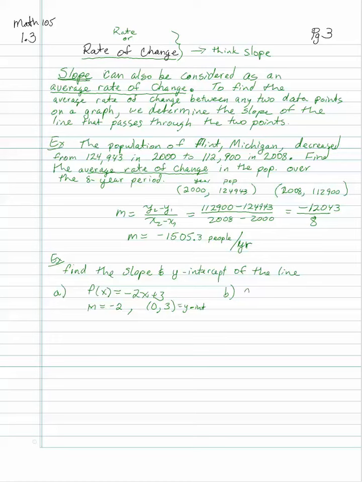Now this one, 5 minus 1 half x. Now that's no different than writing -1/2 x plus 5, right? It's the same idea. The coefficient of x is the slope, so slope is -1/2, and the y-intercept is (0, 5).